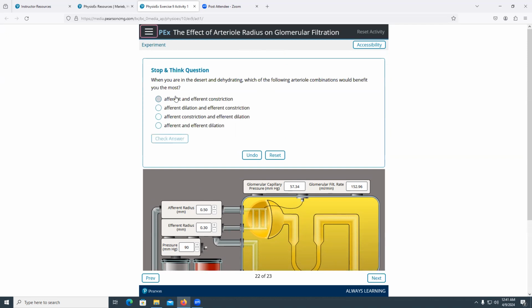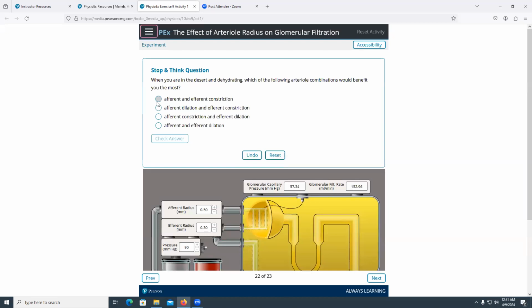Okay, so when you are in the desert and dehydrated, which of the following arterial combinations would benefit you the most? If you are in the desert and dehydrating, that means there is a drop in my blood pressure.